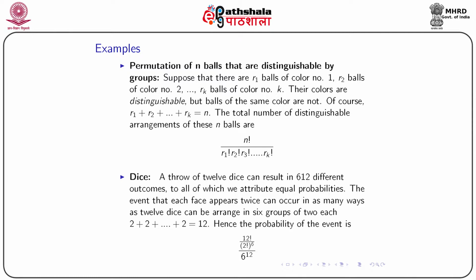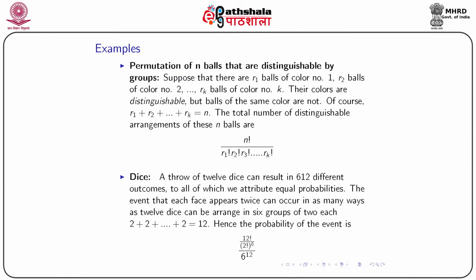So the R1 balls of color number 1 are indistinguishable among themselves, but they can be distinguished from the R2 balls which are of color number 2. Once again, all the R2 balls are indistinguishable. So the balls of the same color are not distinguishable.